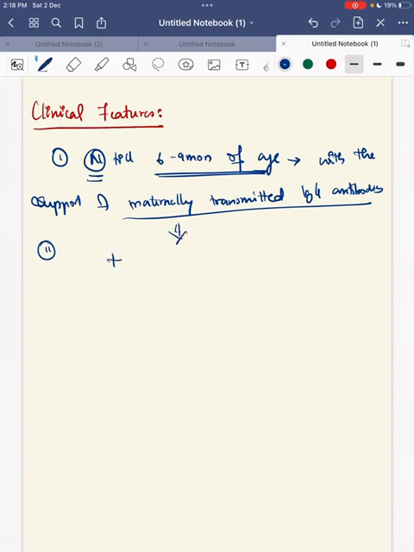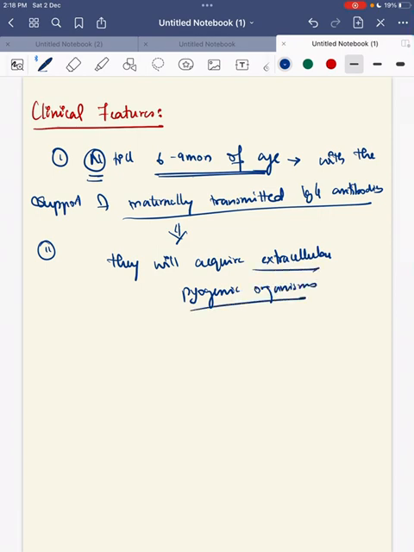They will start acquiring infections with extracellular pyogenic organisms. The organisms that can cause frequent infections in these children are Streptococcus pneumoniae, H. influenzae, Streptococcus pyogenes, and Pseudomonas.